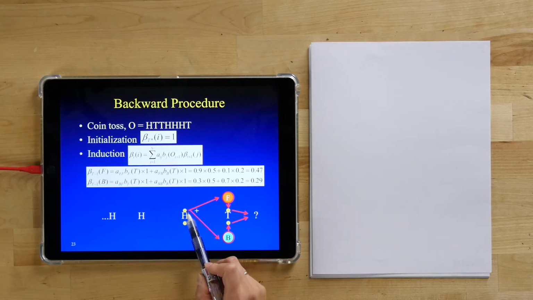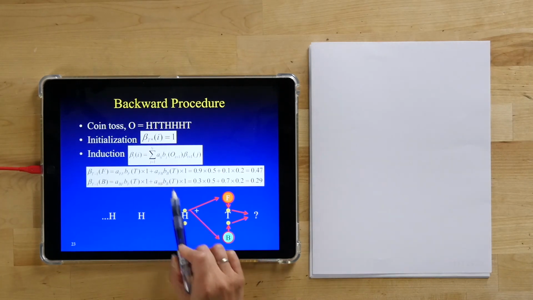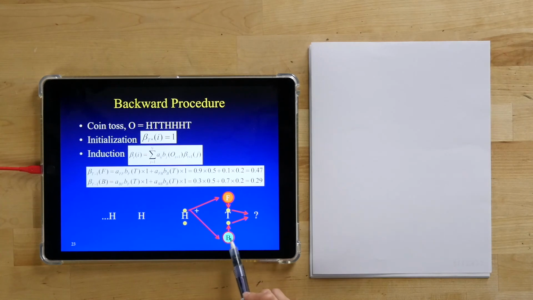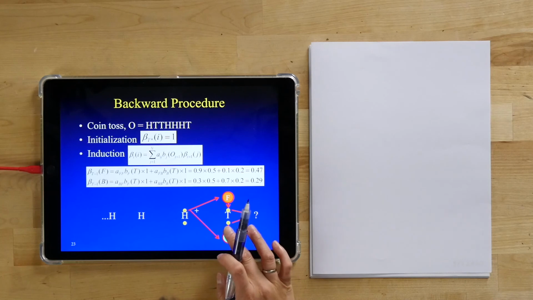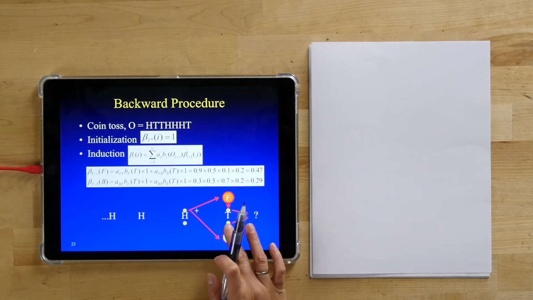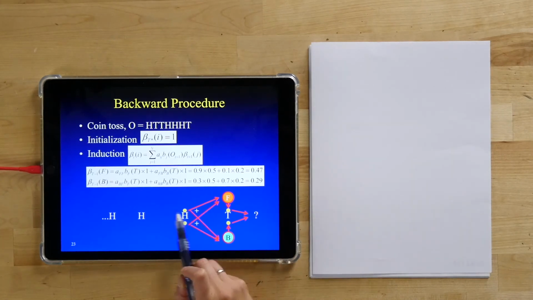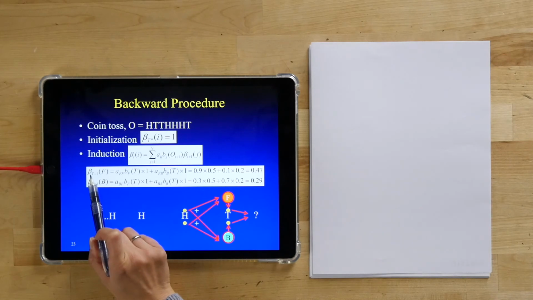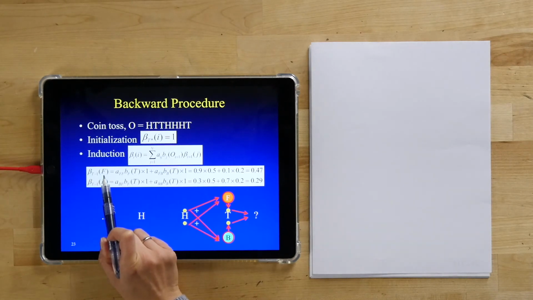So you can see here it's a transition from a fair to a bias. Then from this bias coin, I emit a tail, and so that's the new yellow dot in here. So that's the transition probability, and from then on I can inherit whatever is after, right? And so that's the beta t minus 1 for fair coin.